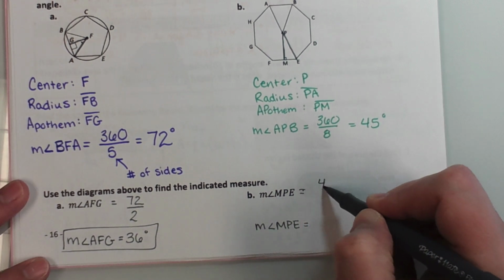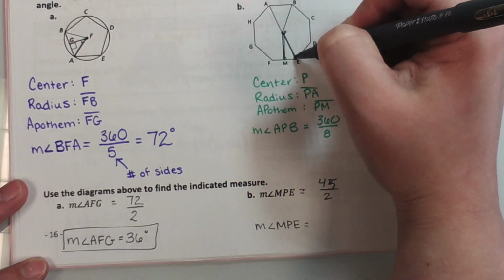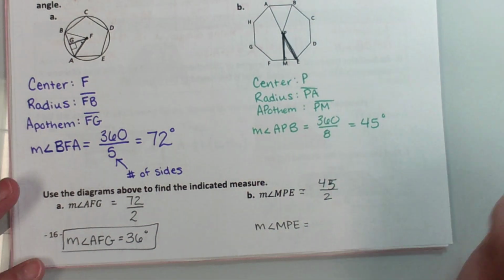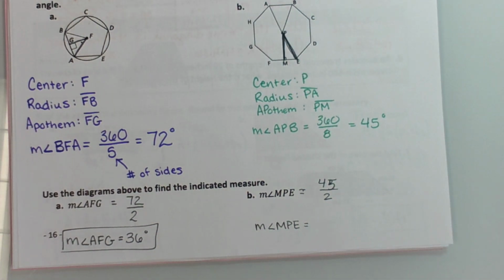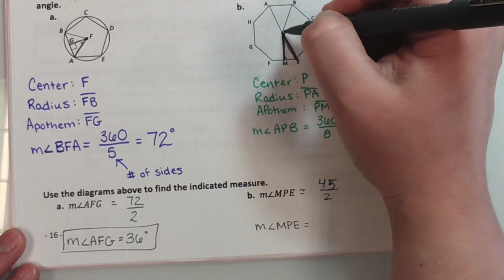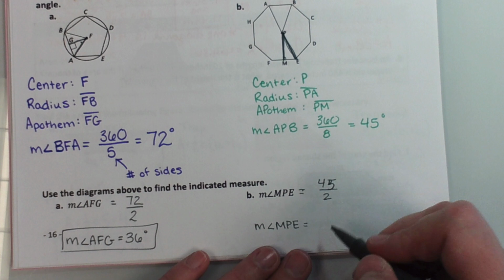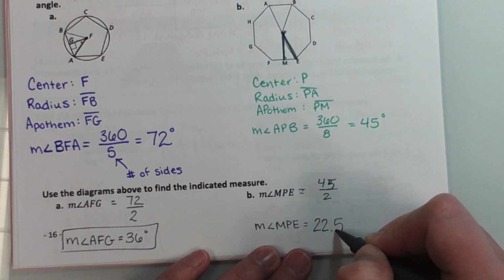Yeah, it's still the 45 divided by 2 because it's still connecting a radius and an apothem right next to it. When you have a radius and an apothem next to one another, you create this little right triangle, and that little right triangle's angle that's at the center is half of the central angle, so 22.5 degrees.